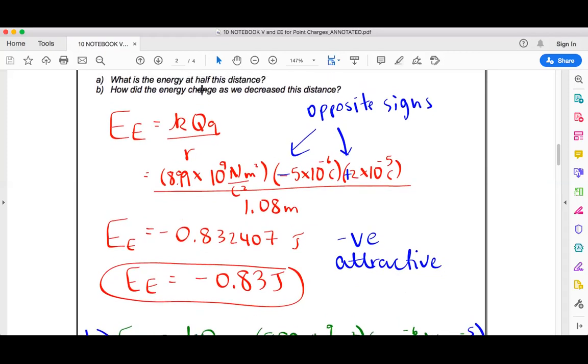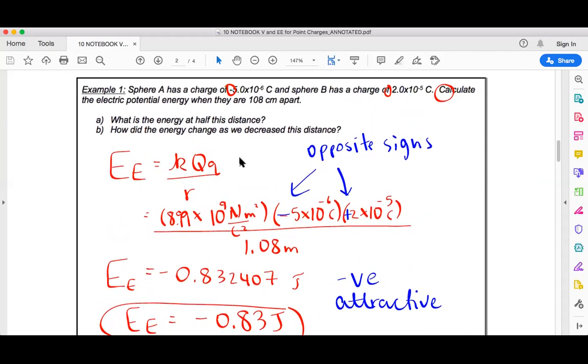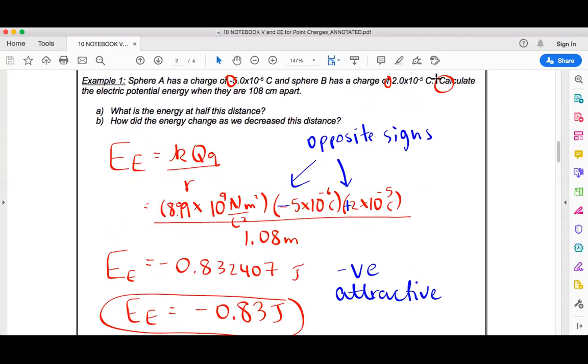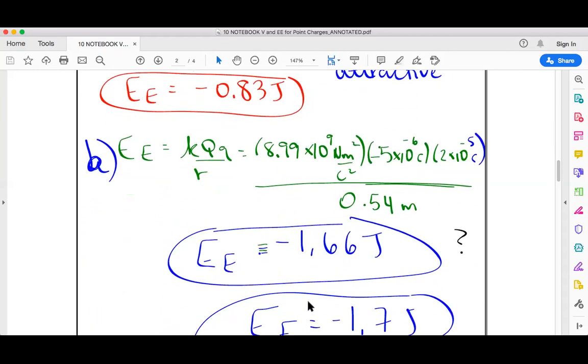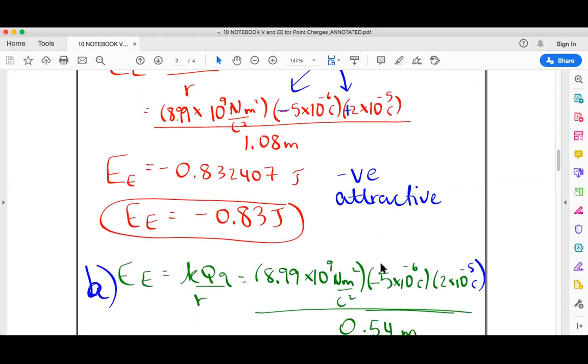Part B says, calculate the energy at half the distance. So part B is saying, let's do it all over again, except our denominator is half. So we get an EE that is double, which makes sense mathematically.